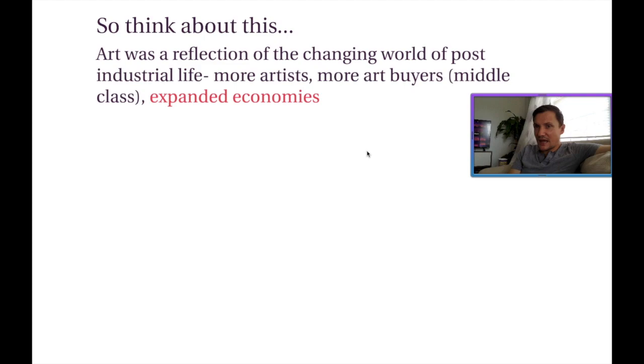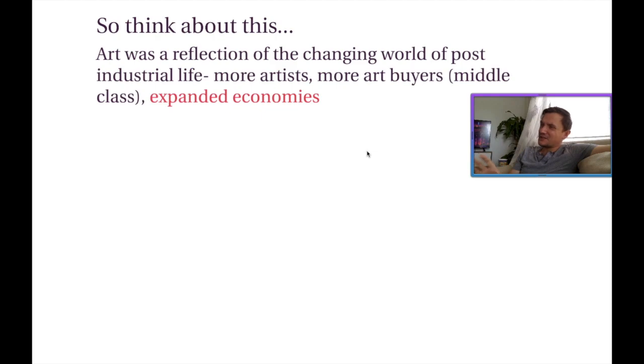And so with that, you're seeing that the industrial era has created more artists. It's created more art buyers because of the middle class rising up, which means that economies are expanding, right? So we've got expanded economics. You've got women entering the workplace now, right? You've got children entering the workplace.